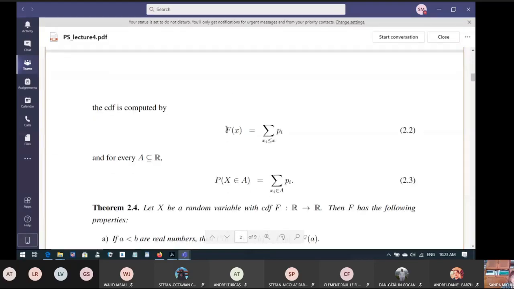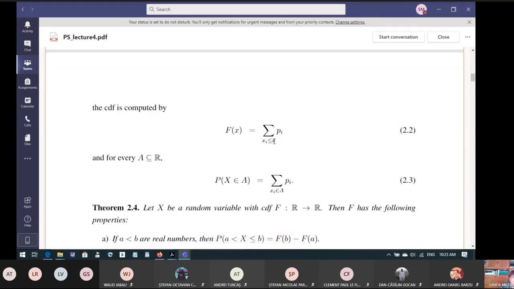Okay, so the actual computational formula, right? What was earlier there, that's the definition, the general definition. Discrete or continuous random variable, that's what the CDF is defined by. The actual computational formula, when we want to do it in examples, for the discrete case is this one. And then we can go further. Probability that X belongs to any subset of R, right?